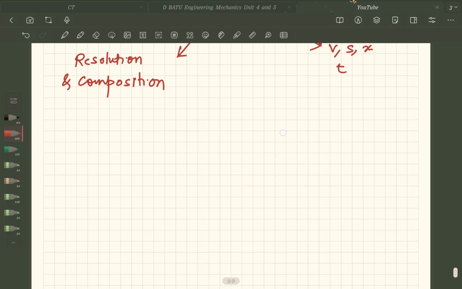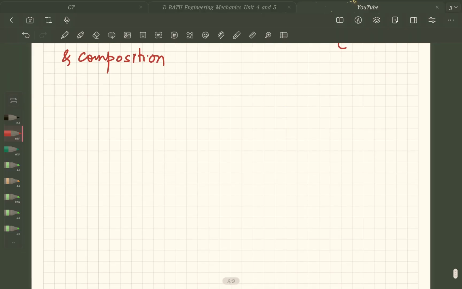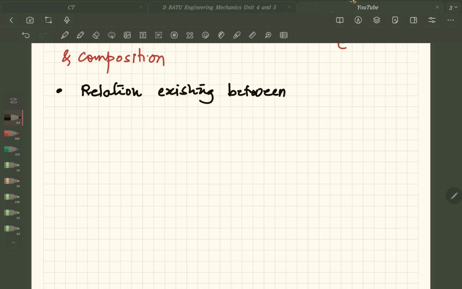motions, right? So when I study kinetics, it is the study of the relation existing between the forces acting on the body and the motion of the body.